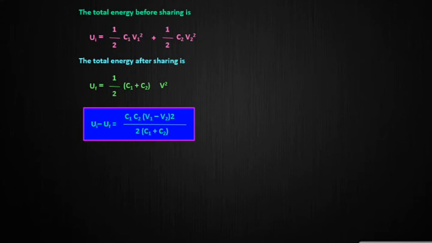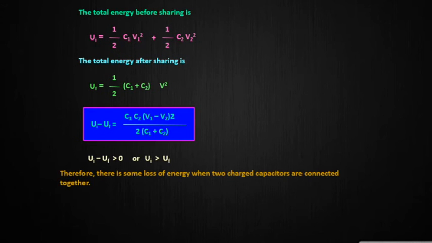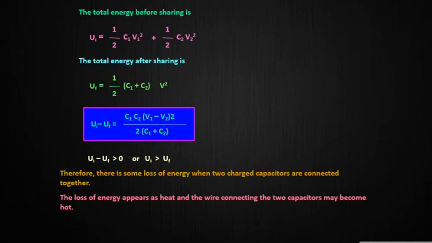Therefore, Ui minus Uf is greater than 0, or it is a positive value, which implies that initial energy is greater than final energy. This proves that total energy after contact is less than the total energy before contact. Hence, there occurs a loss of energy, which is given by Ui minus Uf on sharing charges. This loss of energy appears in the form of sparking and heat produced in the connecting wires.